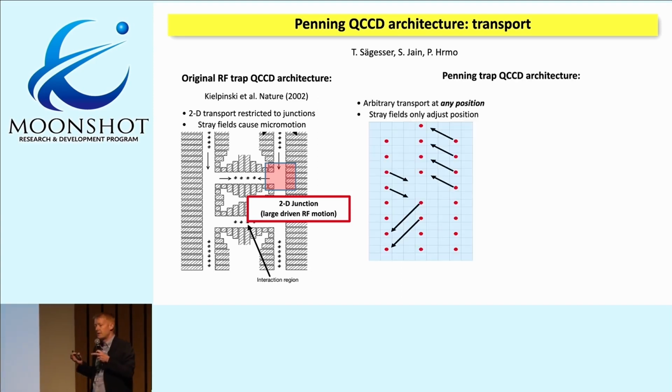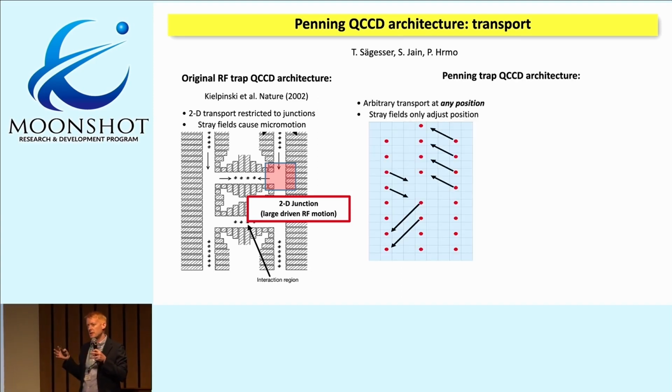So in the Penning trap, that doesn't exist. The magnetic field is homogeneous, so anywhere you move your quadrupole center of potential, you can just move it arbitrarily. And you're not constrained by having two microscopic potentials that you have to line up with each other. You just have one, which you can move in a uniform field. That's very nice. So you can transport at any position.